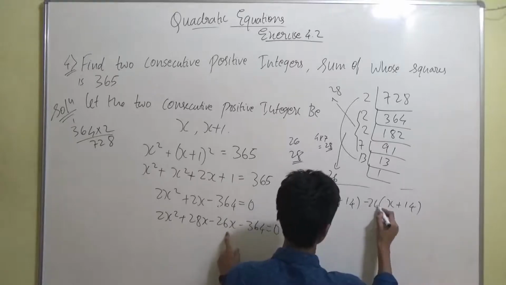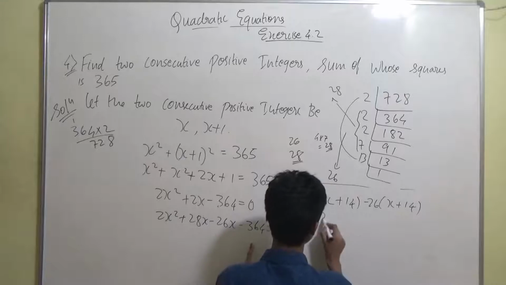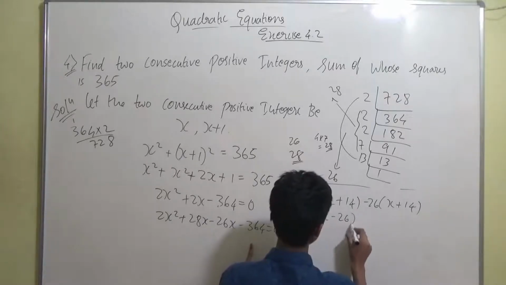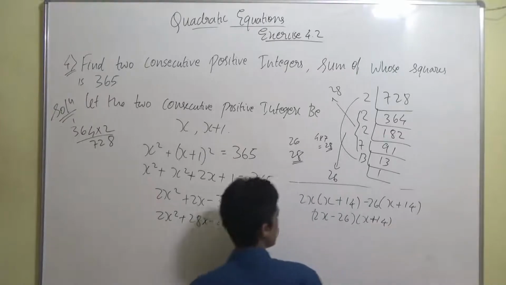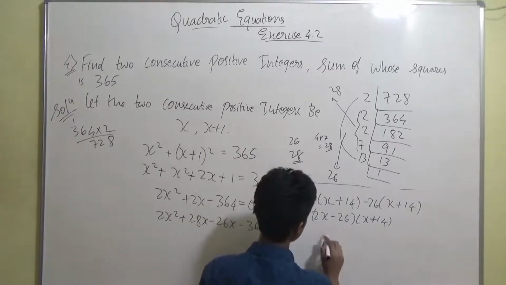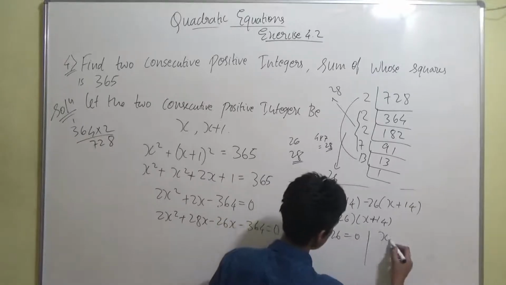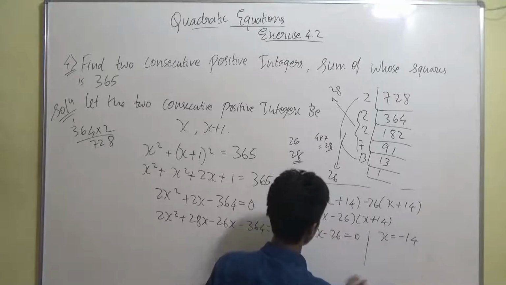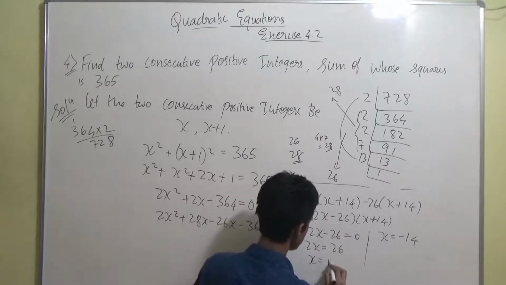Then you write minus 26, because here you have to get minus 26x. This becomes minus 26 and x plus 14, right? Now we have to find the value of x. So we equate them to 0, and x equals minus 14. This becomes 2x equal to 26, x becomes equal to 13.